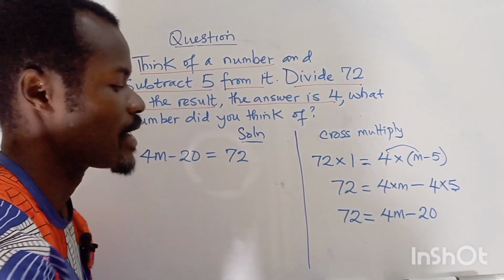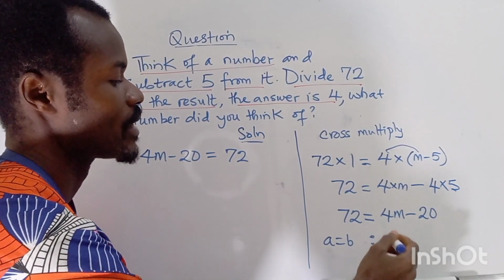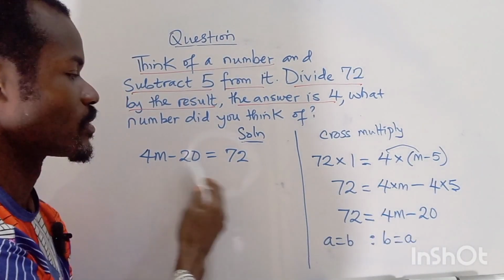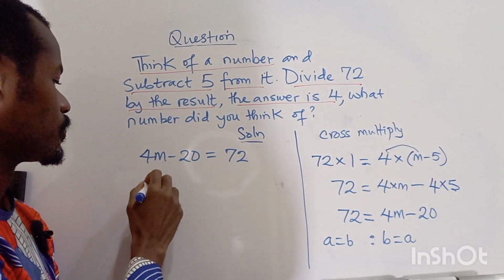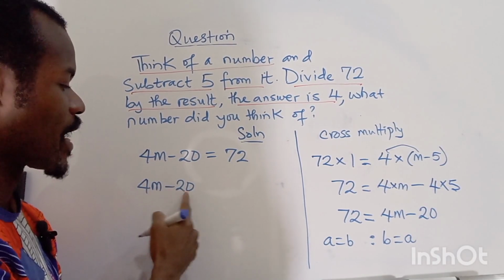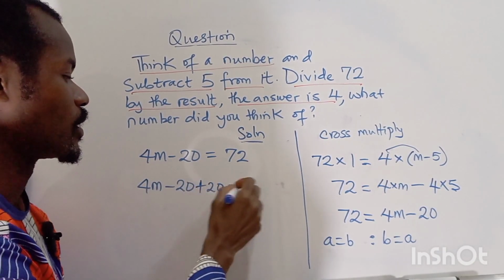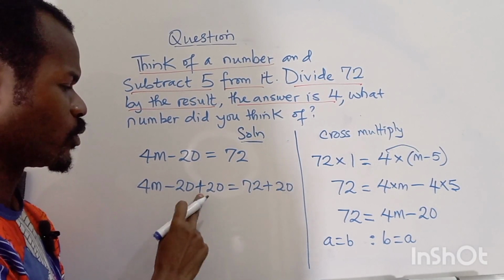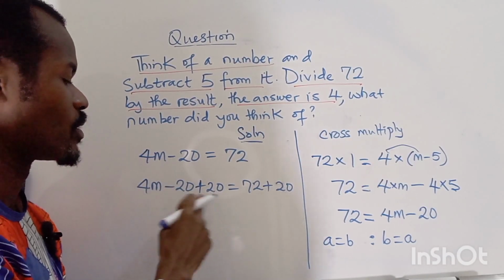Now in maths, if I say A equals B, we can also write it as B equals A. So I can decide to write this first before the 72. So now from this, for 4N minus 20, I have to remove the 20 from both sides by adding 20 to both sides. So whenever you add, change this to plus and add the same value, and this becomes 0.